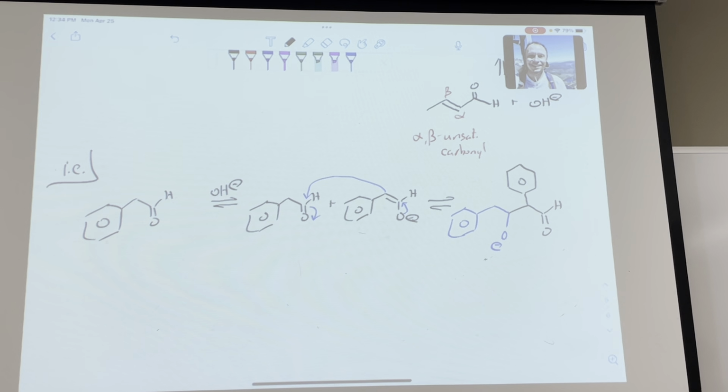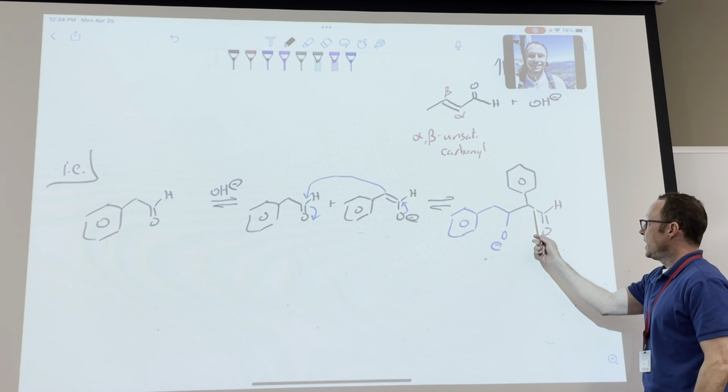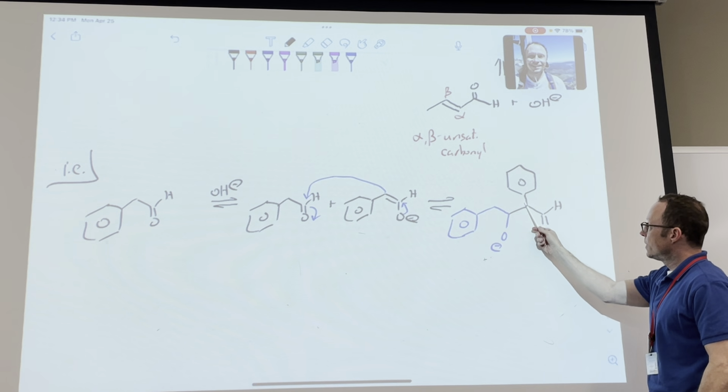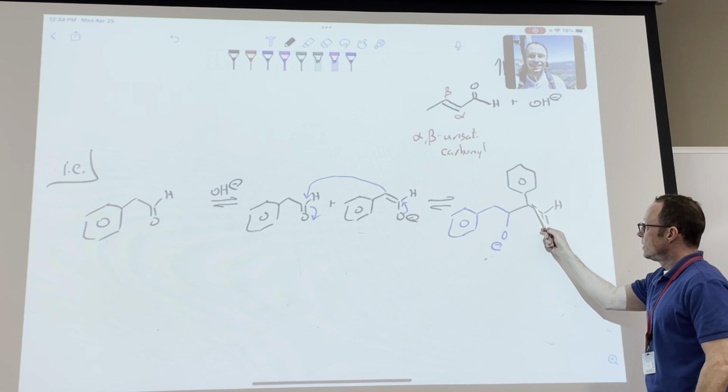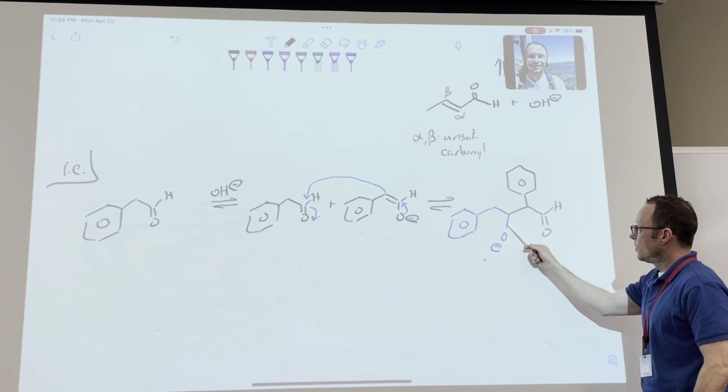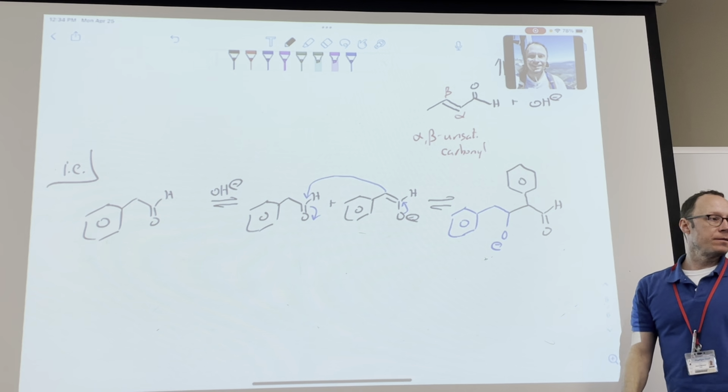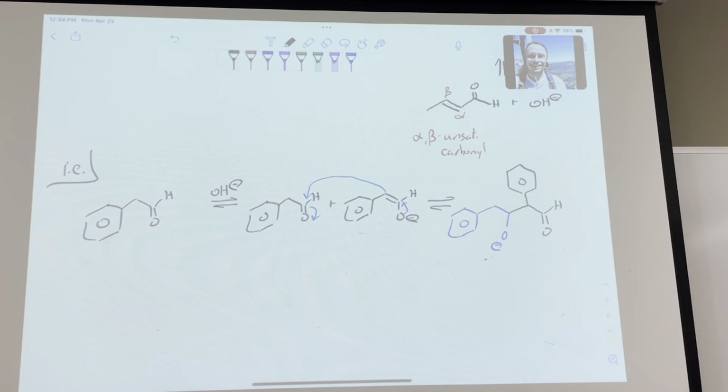I think the hardest part about doing these is just drawing the products. But you can see what I've done here is it was the alpha carbon of one of the reactants that has gone to attack the carbonyl of another one. And once you have them put together like that, it's not so difficult.